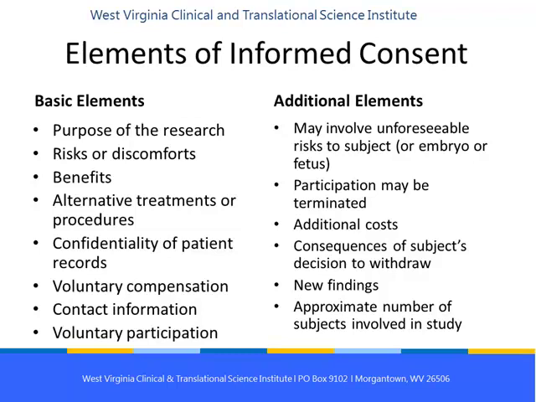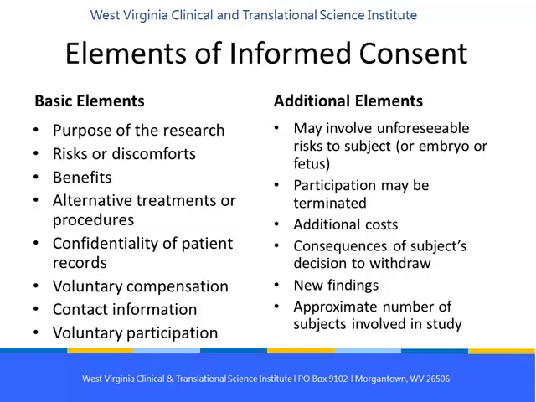Additional elements are there if they're applicable. If there would be unforeseen risk to a subject or an embryo or fetus, the participation may be terminated, which could be by the physician, could be by the sponsor of the trial. Are there additional costs to the subject?